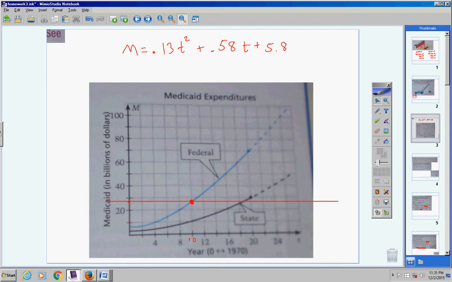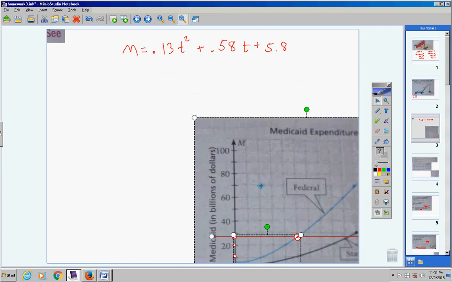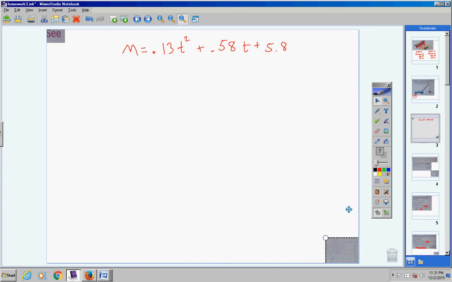The more accurate way to do it, of course, is to solve the equation, okay? And so here we go. We want to find out the year when it's 28 billion, so we'll put a 28 here for M. We'll put a 28 here. And now we're going to have to use the quadratic formula.